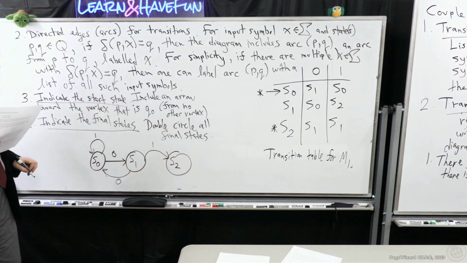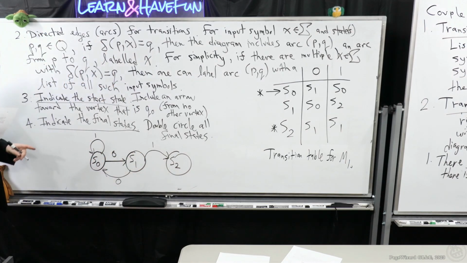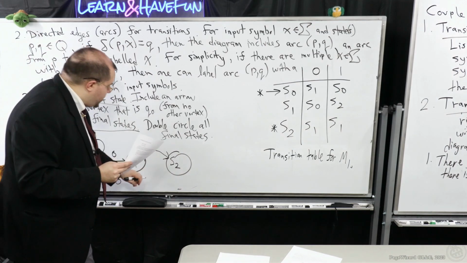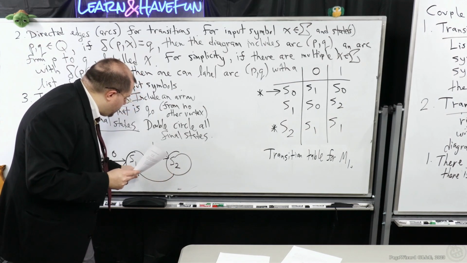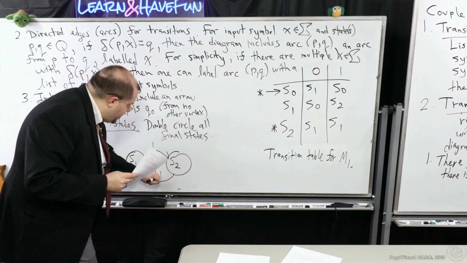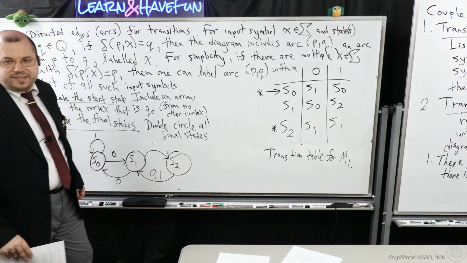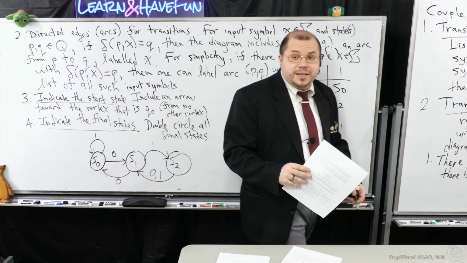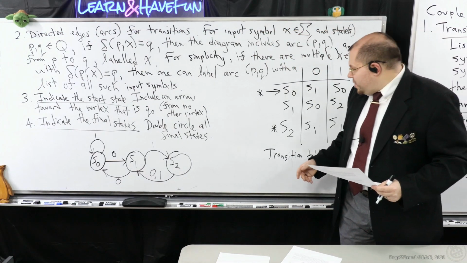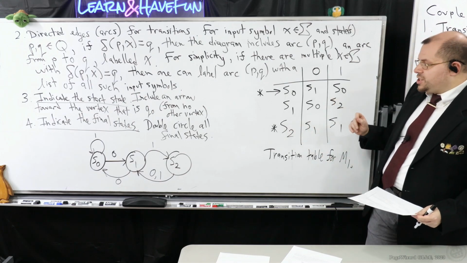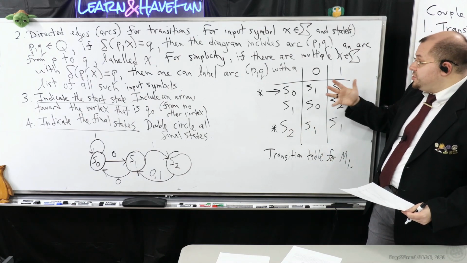And that's the second row. The last row, S2, goes to S1 regardless of whether it's read a 0 or a 1. So I just say 0, comma 1. So I just indicate all the input symbols that it transitions from S2 to S1. And that's the transition function. I've encoded that information into the diagram.